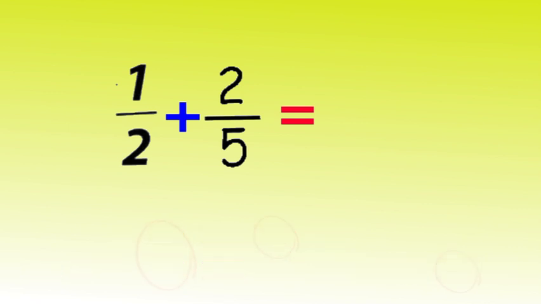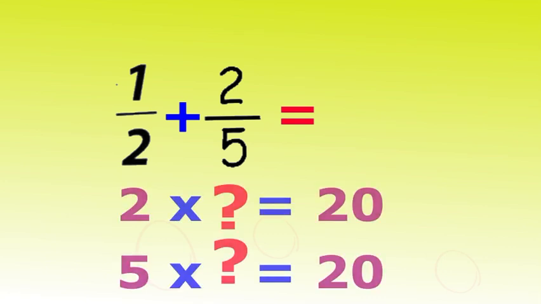Alright, since we're not using the lowest common denominator, but another common denominator, 20, for each of our original denominators, ask what must I multiply this denominator by to get the common denominator, 20.